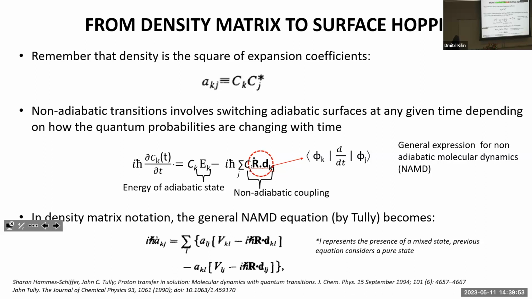So here, this expression is not very far from what you have here, just that it includes the density matrix representation here.